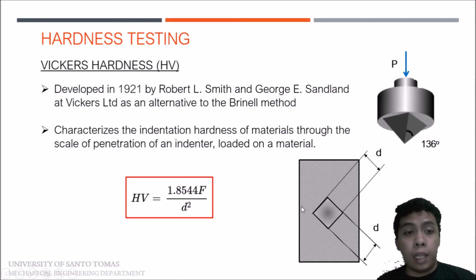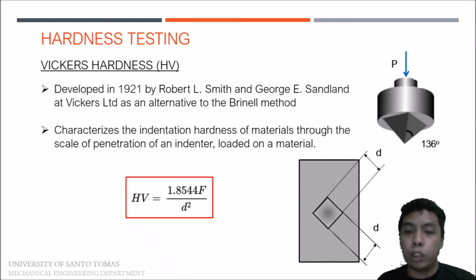Ang kadalian nga lang dito sa ating Vickers hardness, hindi mo na kailangan i-measure yung indenter mo. Kasi in comparison doon kanina sa Brinell hardness, kailangan natin sukatin yung diameter ng indenter. Dito, kahit gaano kalaki yung indenter mo or gaano kaliit, as long as it penetrates or indents the material natin, okay lang.